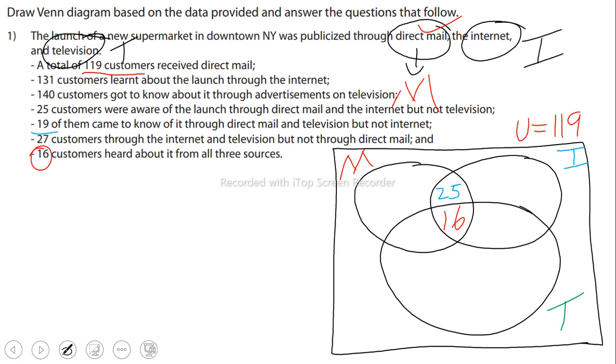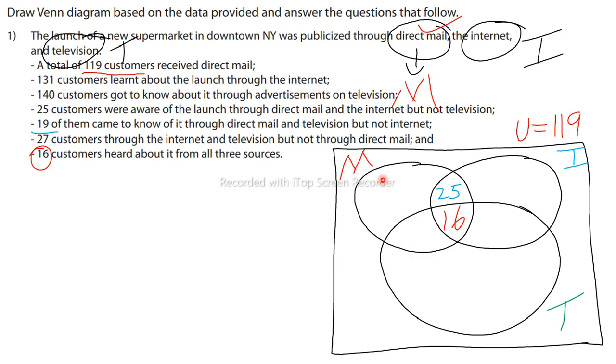19 of them came to know it through direct mail and television, but not the internet. So that'll be to the left of television, left of 16. Yeah, exactly. Mail and television, but not internet.